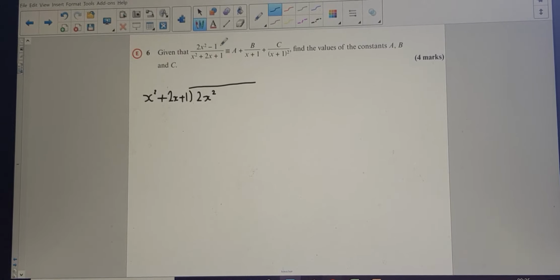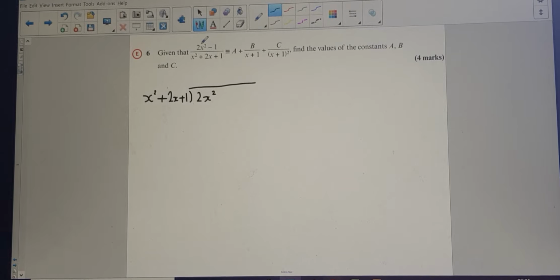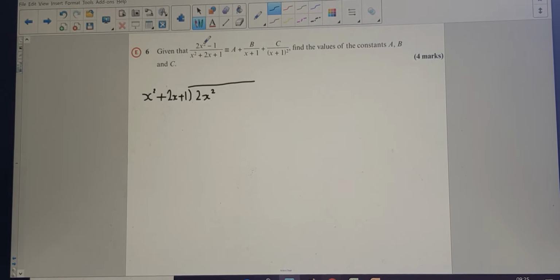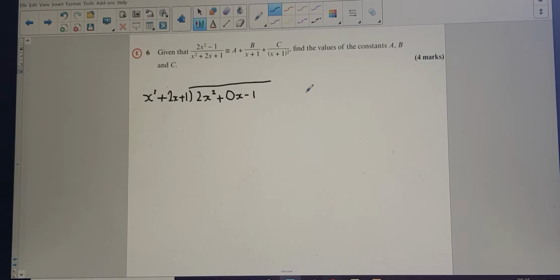Now be careful here, 2x² − 1. There's no term for something with x, is there? So remember, if that's the case, I have to put in + 0x − 1. That's just so it all lines up in a moment.